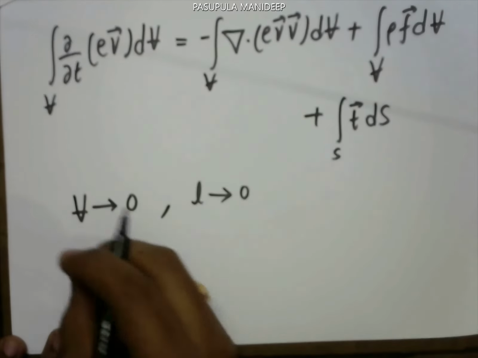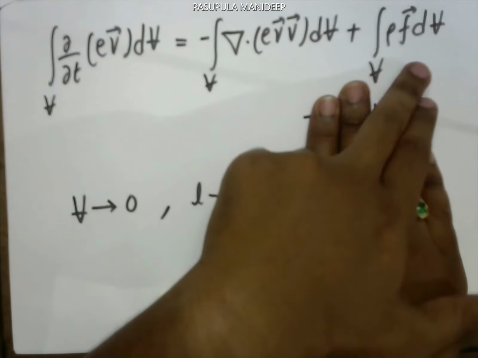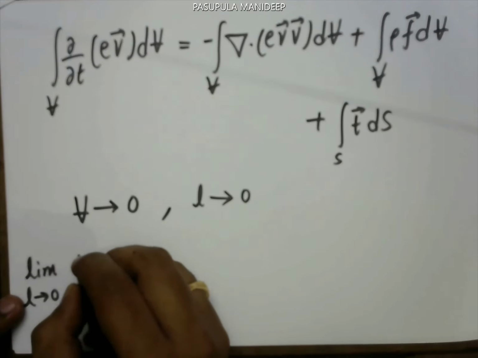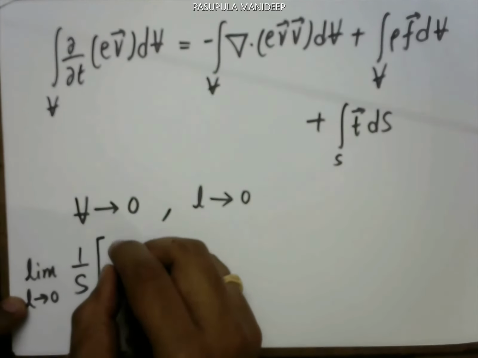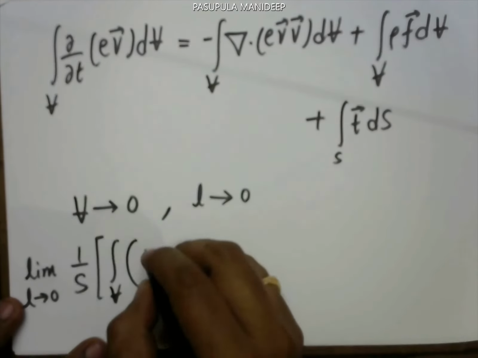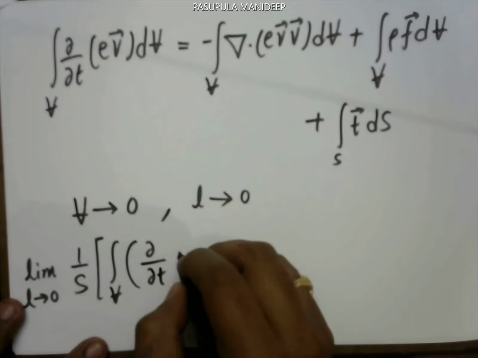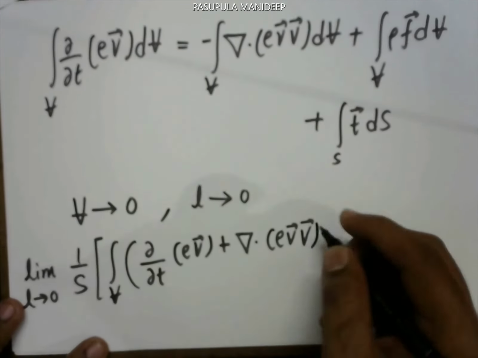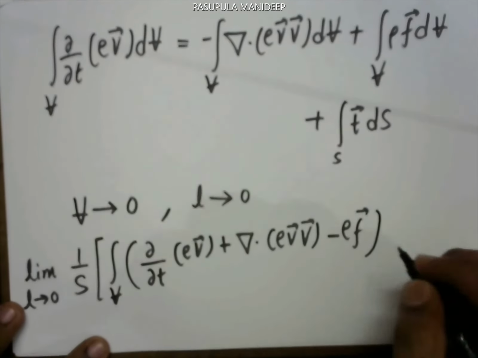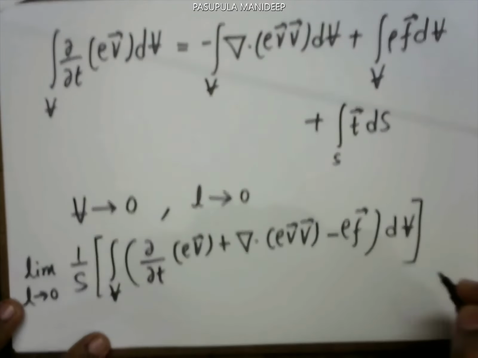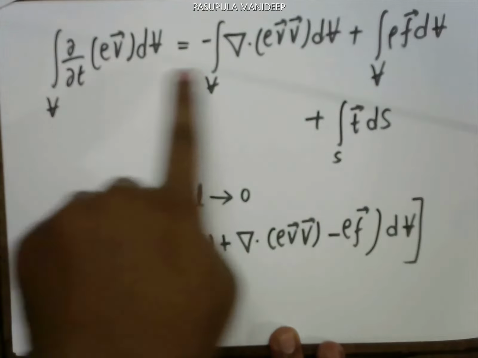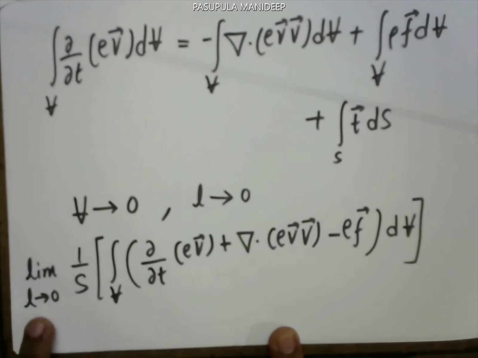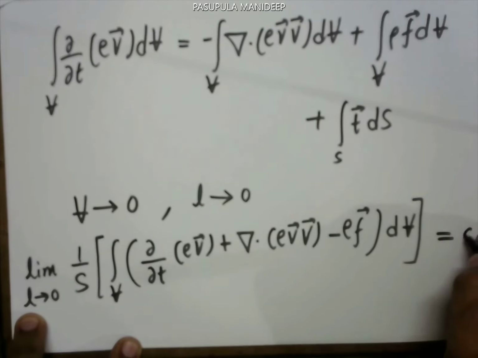Okay. So if we sum up all the volume integrals, without considering this part, and I consider these three terms, then this whole term will be proportional to L. This goes to 0 as L goes to 0, so this limit will be equal to 0.